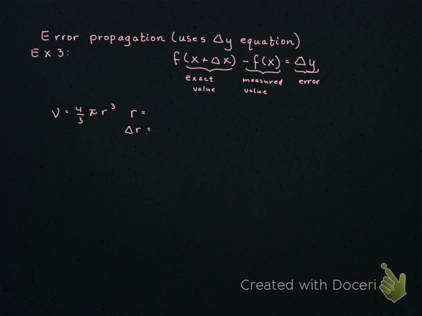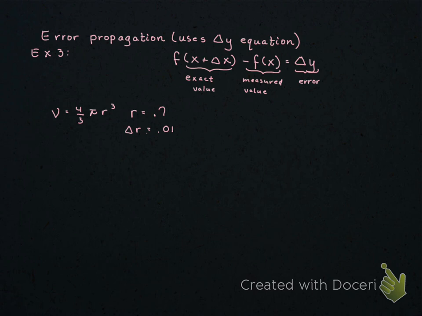So the radius is 0.7, and the measurement is correct to within 0.01 inches. So delta r is 0.01 plus or minus either way. Estimate the propagated error in the volume V of the ball bearing. So there is the volume of a sphere, because a ball bearing is a little itty bitty tiny metal ball, and I think they use them in tires and I don't know what else.